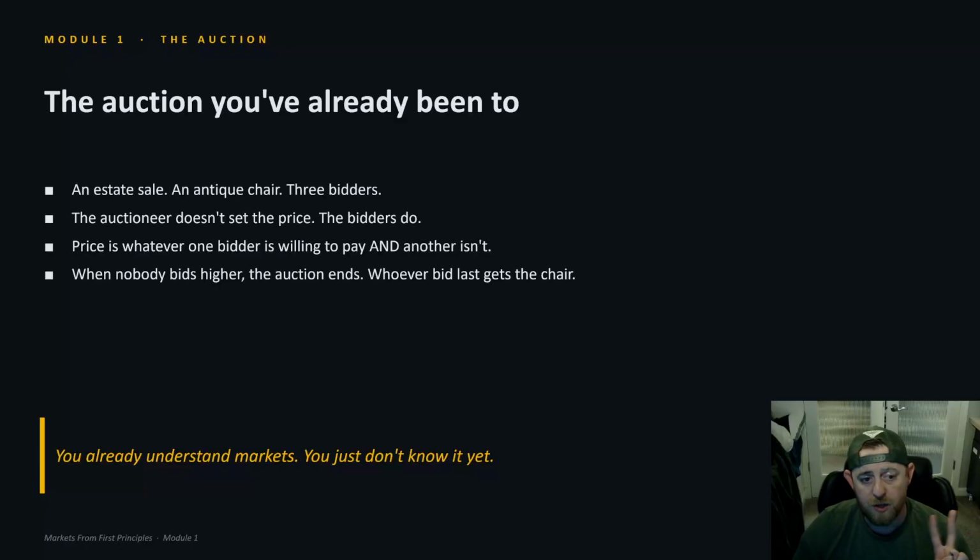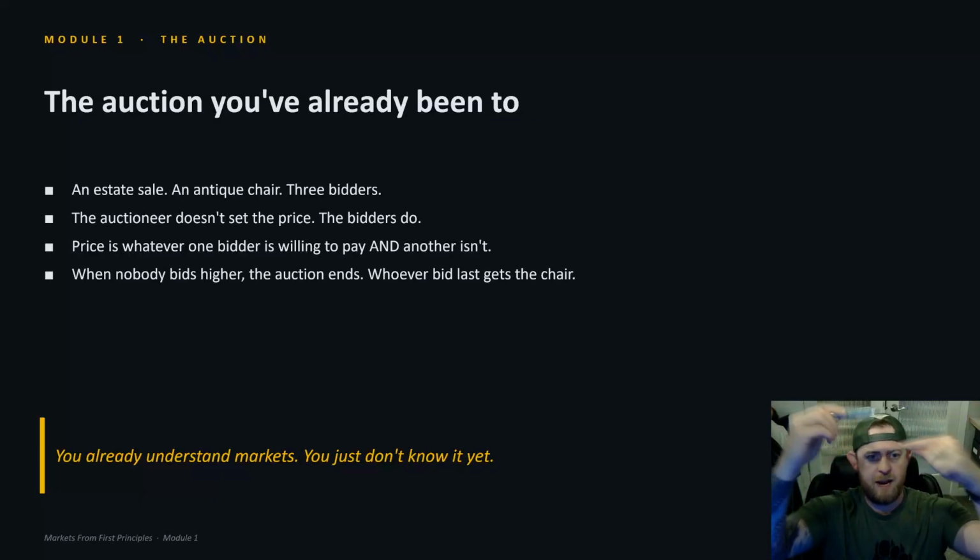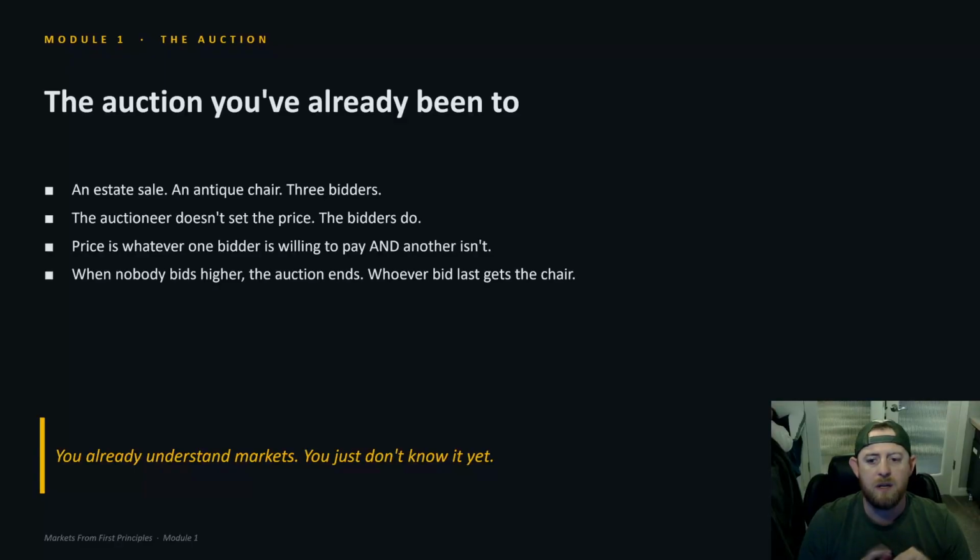So now it's just you and the other person. And so you say, yeah, I really want this chair still, I'll pay 125 for it. The other one raises it, and so on and so on. And as long as people are willing to pay higher, it keeps going until somebody says, no, that's too much for me. And they step back and there's one person left willing to pay that price. Then that's the person that gets the chair. So congratulations, you just bought yourself an antique chair.